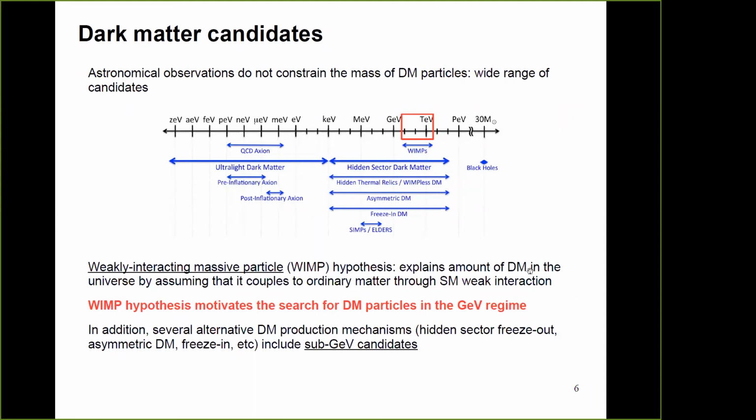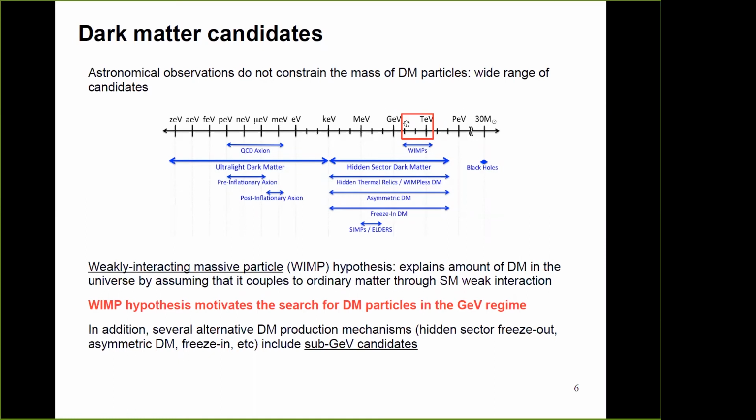So in this case, the only additional ingredient would be the dark matter particle, but we don't need an additional interaction. In this case, the dark matter particles have some coupling to ordinary matter through the standard model weak interaction. And the natural range of masses is in the GeV scale. This is shown in the spectrum above in a square.